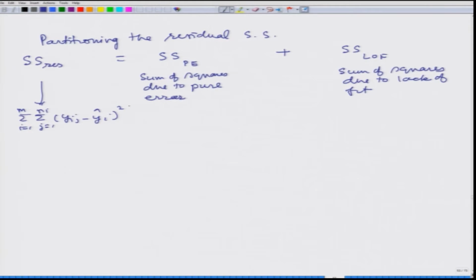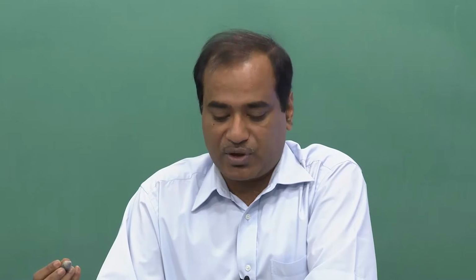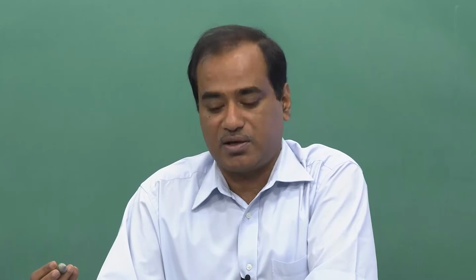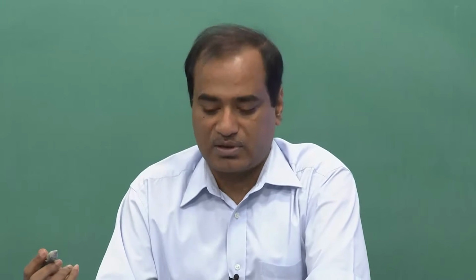You have to keep in mind that now we have observations on y at two levels, i and j. So the earlier definition of the sum of squares due to residual, summation i from 1 to n of yi minus yi hat whole square, has to be extended with the double summation.